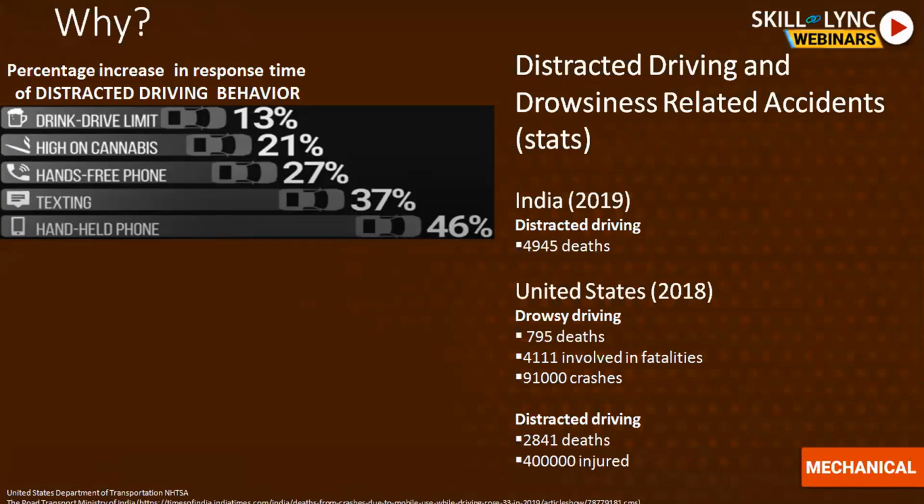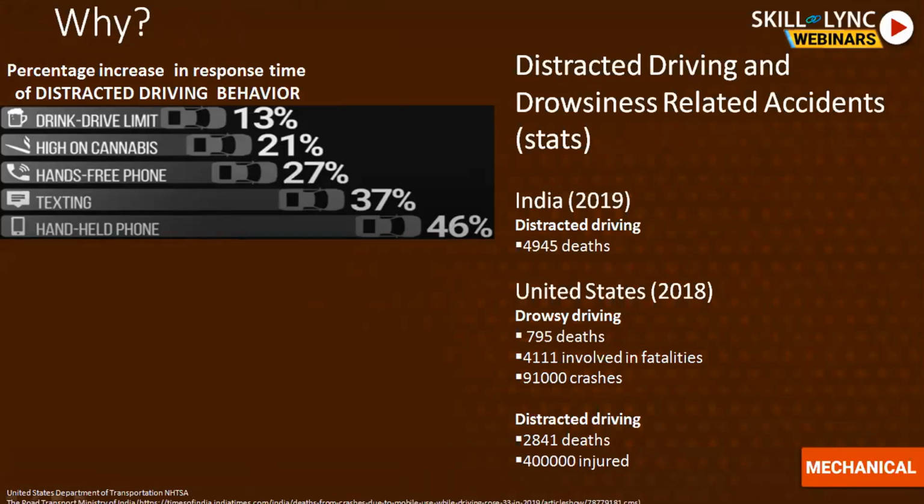On the left-hand side, there's another thing which contributes to all of this: the response time of a driver when the driver is distracted. Studies show that on average, the response time of a driver who is not distracted or under any influence is about 1 second.